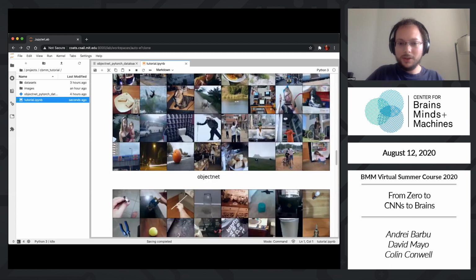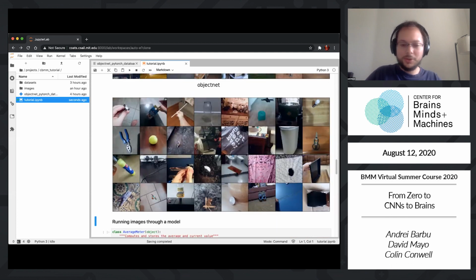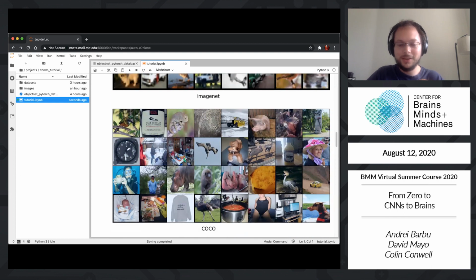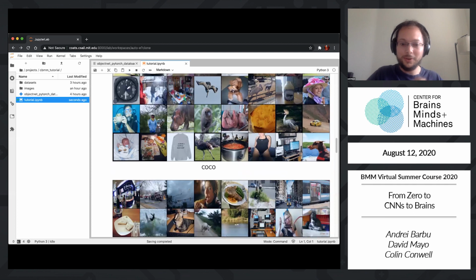So we created this new data set called ObjectNet, which gives you an entirely new variation in your test data, which includes things like the rotation of the object, the room that the object was taken in being decorrelated from the object itself, and the angle that you saw the object from. And this is really important to have each of these things decorrelated in order to really stress test your models, because models turn out to be really great at this ImageNet task, where many images have correlations, such as kitchen chairs always occur next to kitchen tables, or things like that.